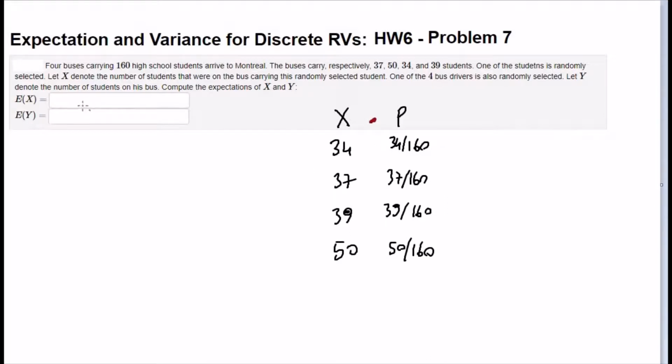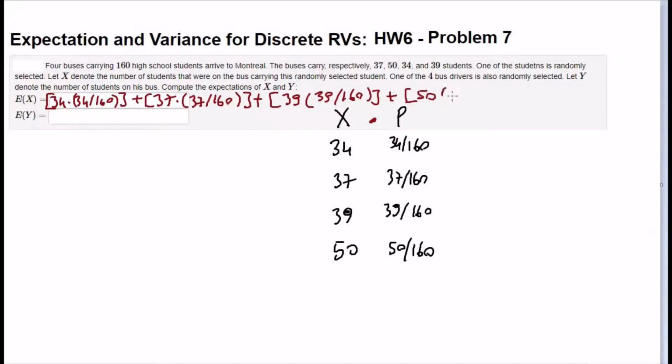So the answer here will be 34 times 34 out of 160 plus 37 times 37 out of 160 plus 39 times 39 out of 160, and finally 50 times 50 out of 160 will be the expectation.